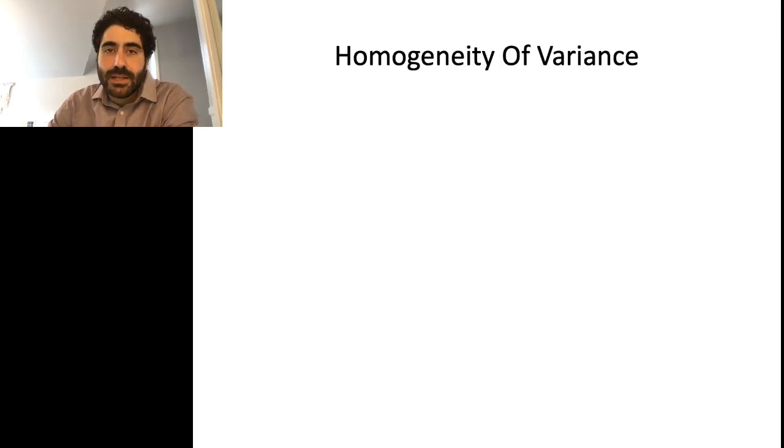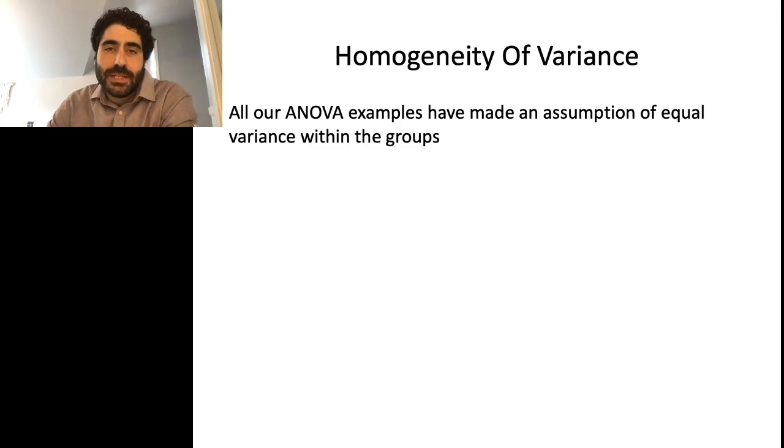The ANOVA examples that we were talking about last week made the assumption of equal variance inside the groups, right? What this means is that within each of our groups, so all the people that are labeled with the same nominal level, we expect that the variance should be about the same. We can definitely imagine situations where this is not true.